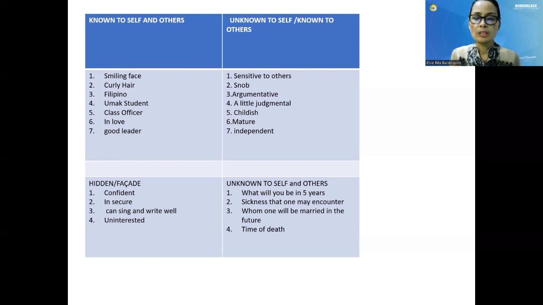So, hindi alam ng isang tao kung sino ang mapapangasawa niya in the future. Lalo't hindi alam ng tao kung kailan siya mamamatay, anong oras, anong segundo, anong araw. Kasi merong mga terminally ill and yet they were given 3 months, a year, 3 years to live, and suddenly they recover. Ang iba, namatay hindi naman doon sa sakit, pero not during that time, not during that day, not during that year. Okay, so those are examples.